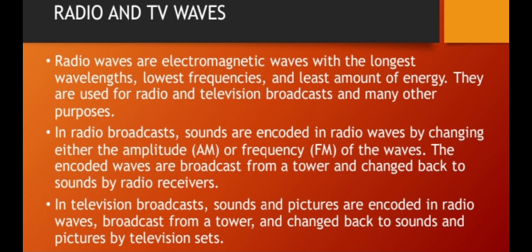They are used to transmit information through radio communications systems such as amplitude modulation, frequency modulation, shortwave radio, and cellular networks. And the TV waves, also known as broadcast television, are a type of electromagnetic wave that has a frequency range, and they are used to transmit television programs through the air or via satellite.